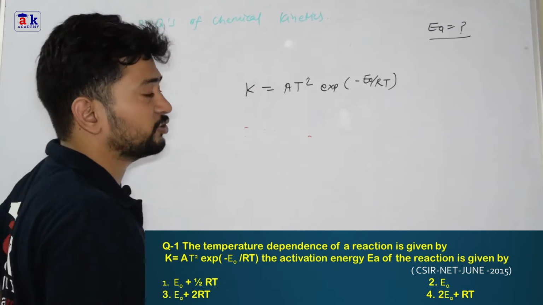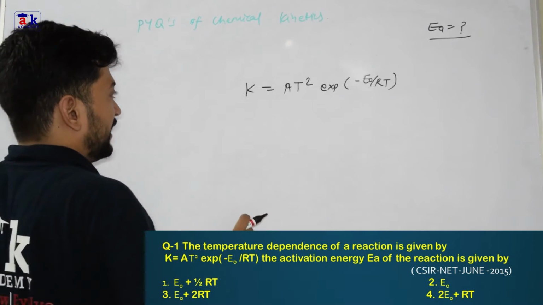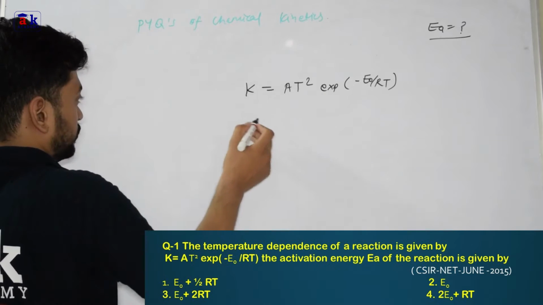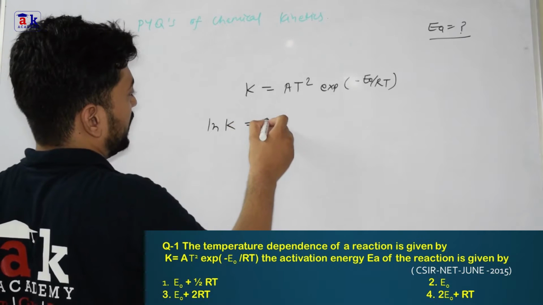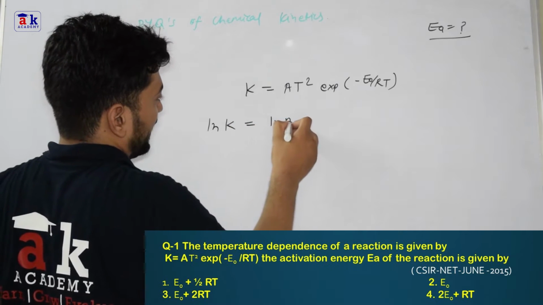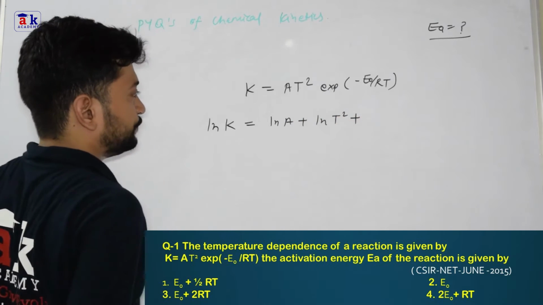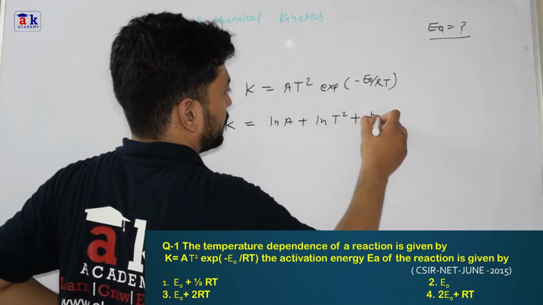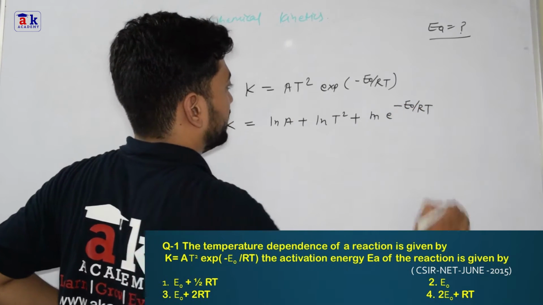So now how can you solve this one? Let's see what we can do. We can take ln over here. So this will become ln K = ln A + ln T² + ln e raised to −E₀/RT, right?